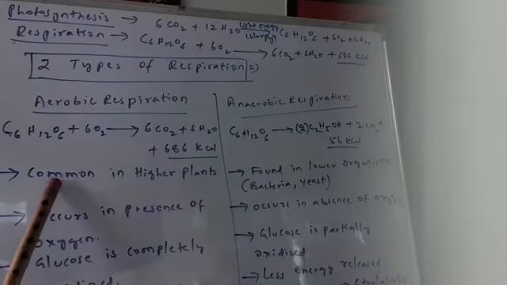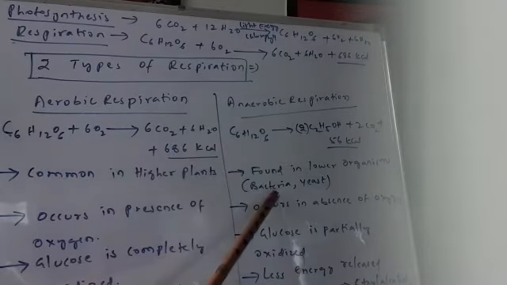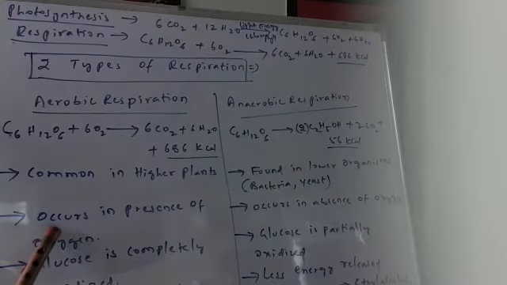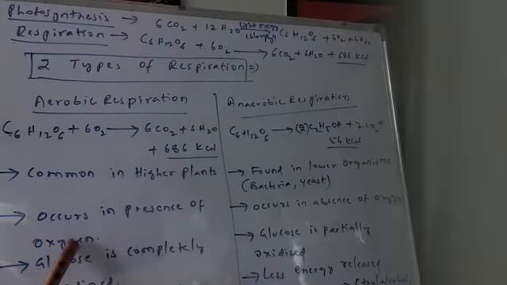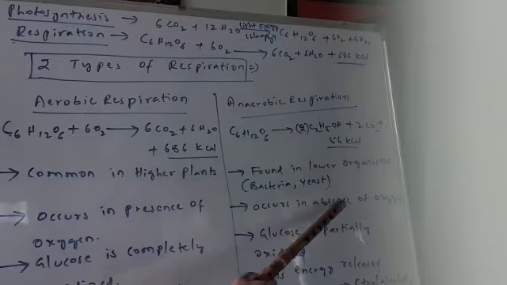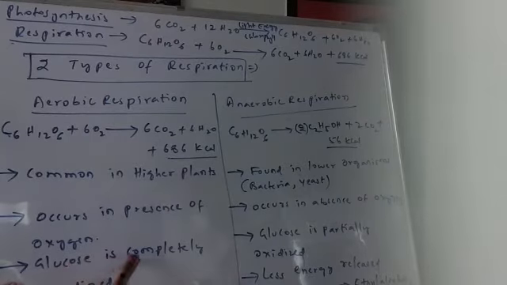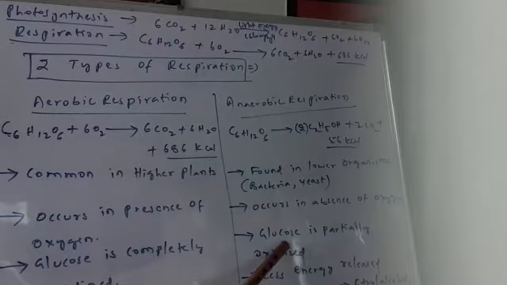Aerobic respiration is found in higher organisms like plants and higher animals, whereas anaerobic respiration is found in lower organisms like bacteria and yeast. Aerobic respiration takes place in the presence of oxygen, whereas anaerobic respiration takes place in the absence of oxygen. During aerobic respiration, glucose is completely oxidized, whereas during anaerobic respiration, glucose is partially oxidized, partially broken down.